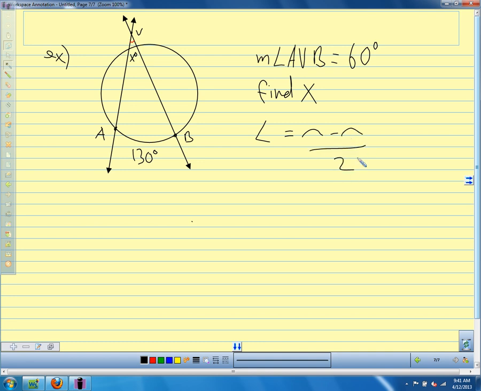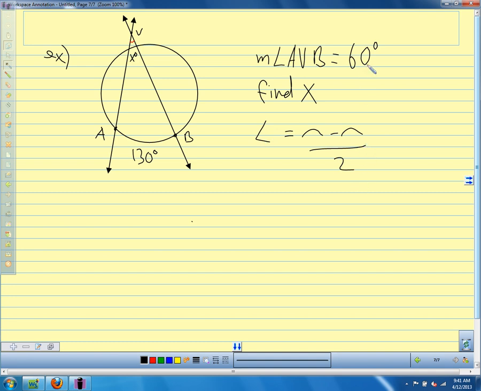And how are we going to set this one up? What are we going to want to do here, Jonas? Trying to find the arc. The angle is 60. Well, let's step through it. This says the angle equals the arc minus the arc divided by 2.